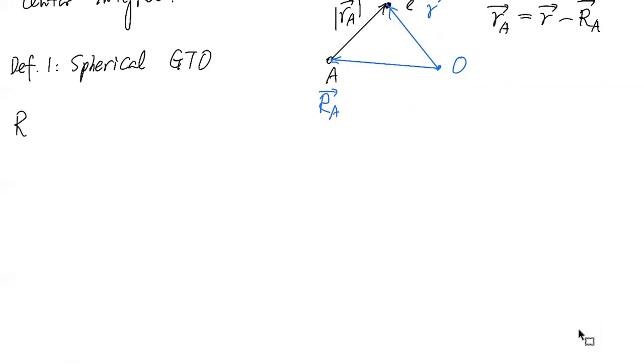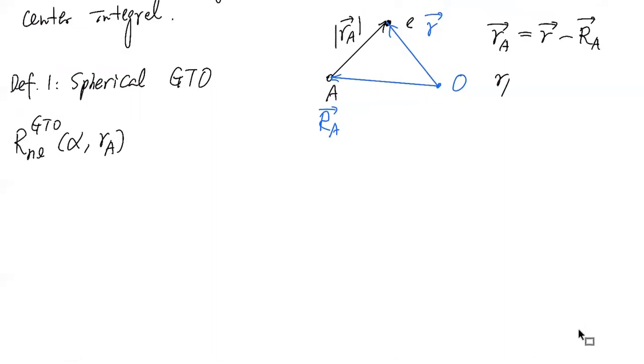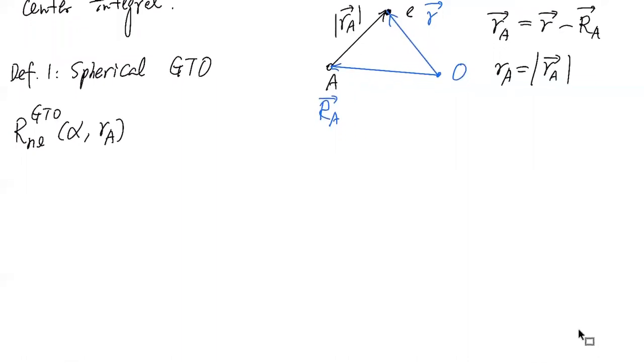Of course, it's the radial part that we need to approximate. The angular part is just the exact spherical harmonics. So the radial part, NL GTO, depends on a parameter alpha, and it is a function of RA, where RA is the magnitude of the RA vector. So this is basically the function form.